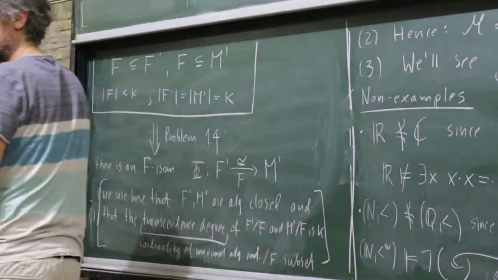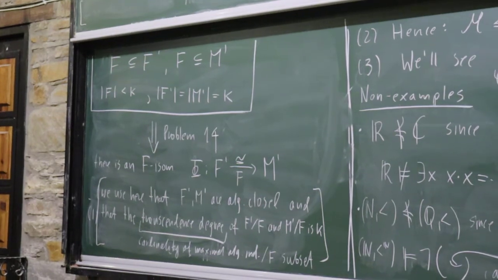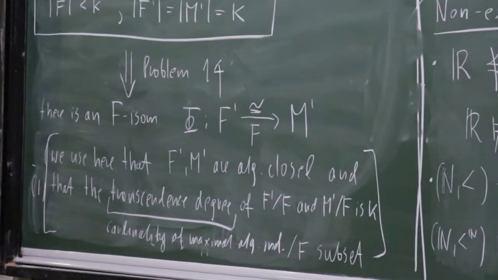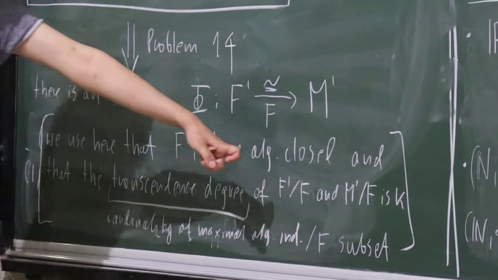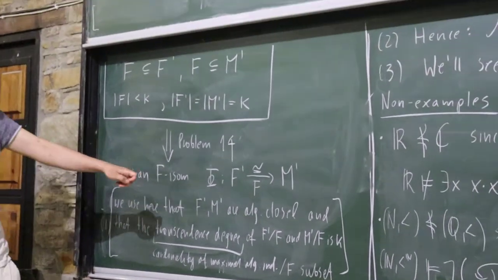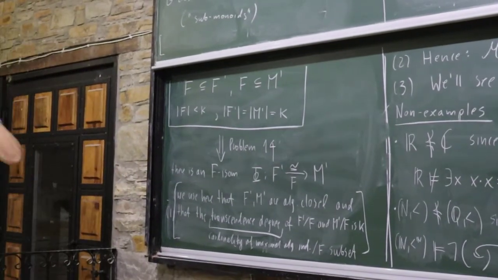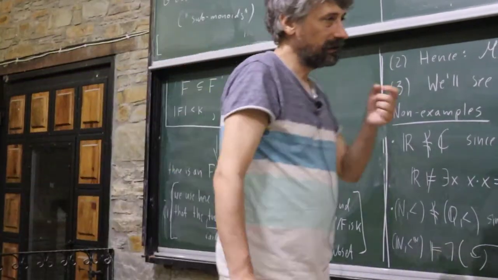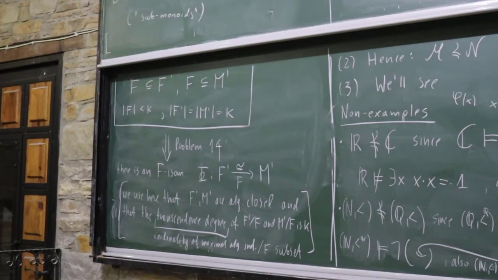So did it appear in your life? We can discuss it in problem session. So I'm saying it's kind of obvious that by the assumptions, transcendence degree is the same kappa, and knowing that, you should conclude that then they must be isomorphic over this field F.